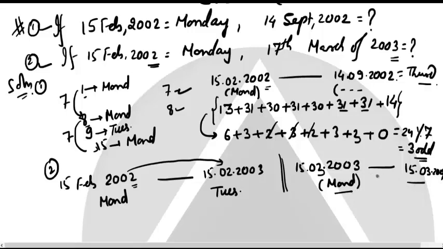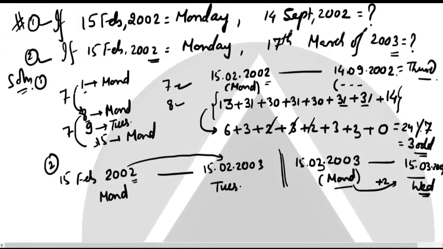Of course, when you are crossing February of 2004, it is a leap year. So instead of advancing by one day, it will advance by 2 days. So instead of Tuesday, it will be Wednesday. Hope this is clear. Okay.